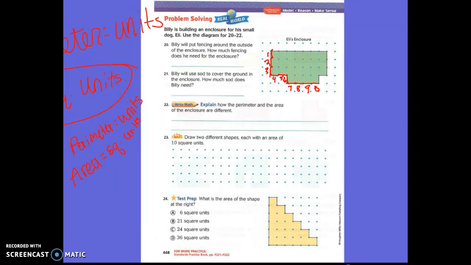Well, what's perimeter, guys? The outside of something. So the perimeter measures the outside of the enclosure.